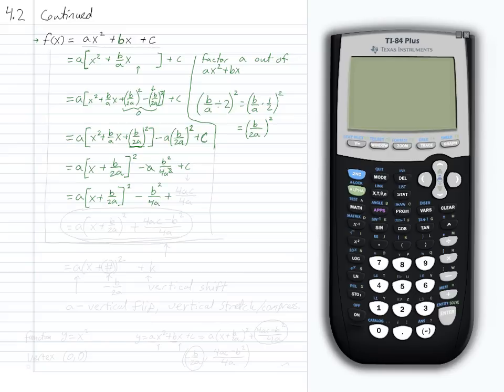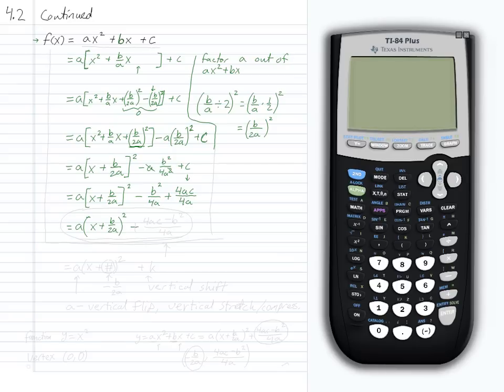Now I want to add c to that fraction. I'm going to need a common denominator, so if I multiply by 4a and divide by 4a, here I've got c. So finally we could write this as a, let me switch to parentheses, x plus b over 2a squared.